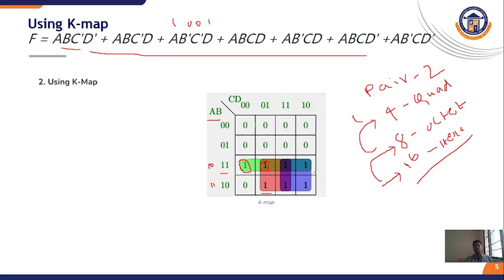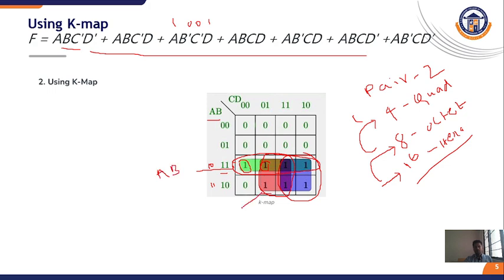Now look at the grouping possibilities. Here there are 3 quads possible. This is one quad, this is another quad, and this is another quad. The expression for this grouping is AB.